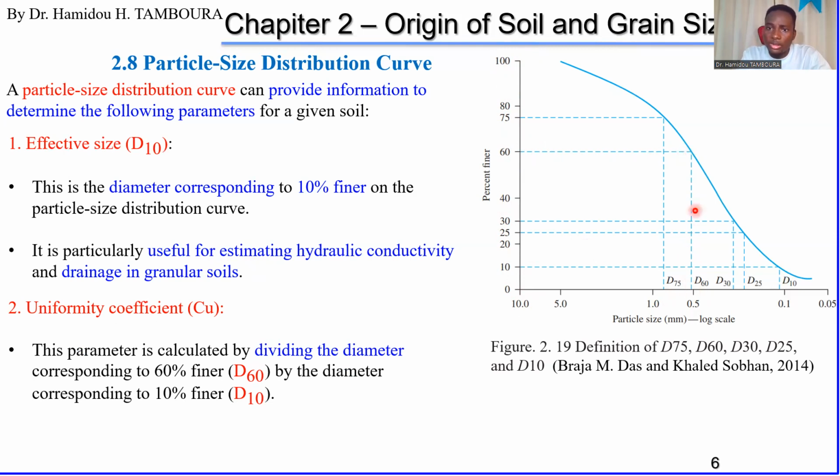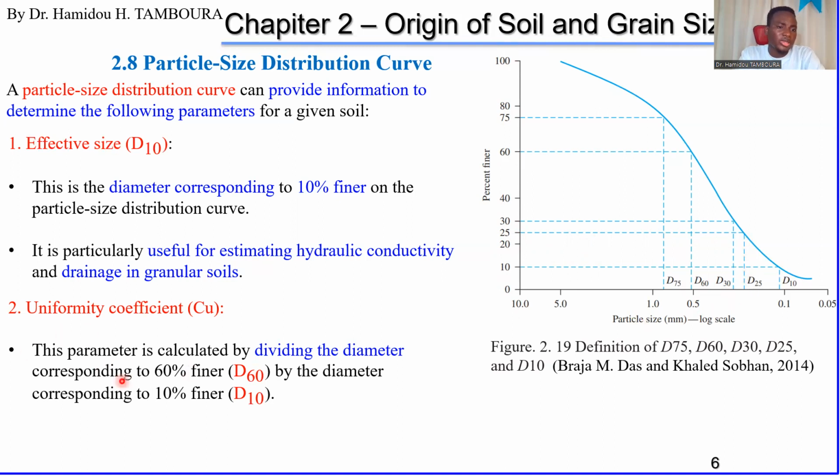So in this curve, D60 corresponds to about 0.5 millimeter, which means that 60% of our soil sample has diameter smaller than 0.5 millimeter. You can also try D30: 30%, you go on the curve and go down. D25, say 25% on the y-axis, you project on the curve, and you get your D25.